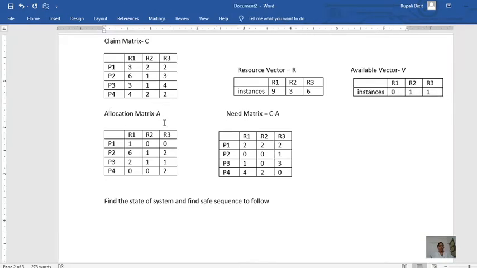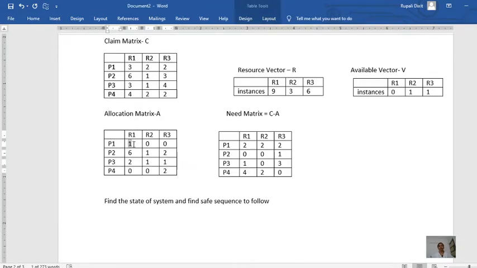Now the allocation matrix. In order to initiate any process, some resources are granted by the operating system to the process, and that is the allocation matrix. Here process P1 is allocated one R1 type of resource and no R2 or R3 type of resource.